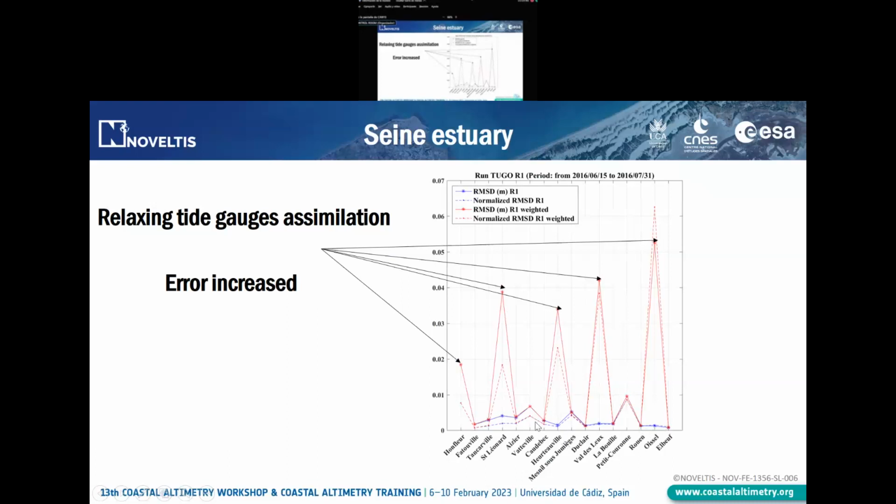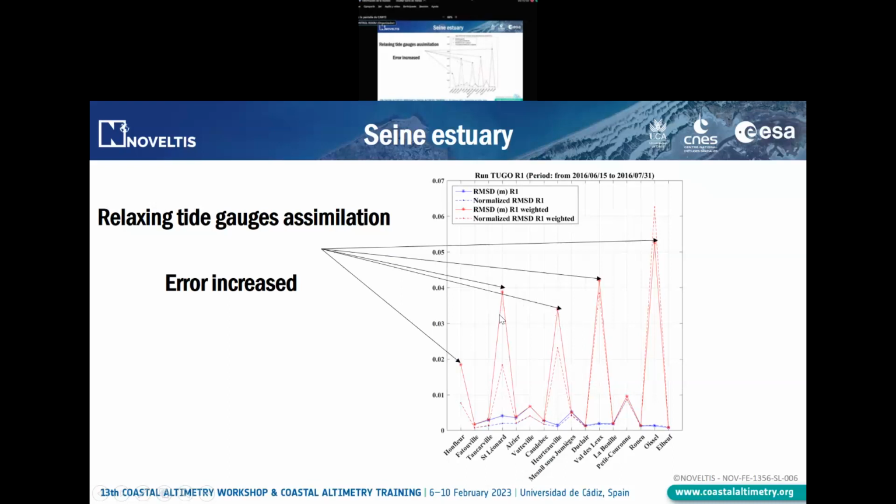You can observe that as we relax the model at some stations, the errors are triggered.